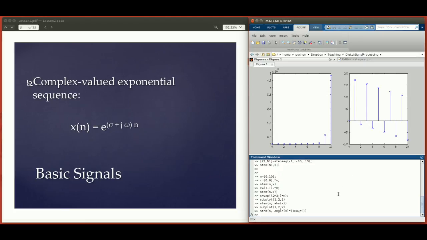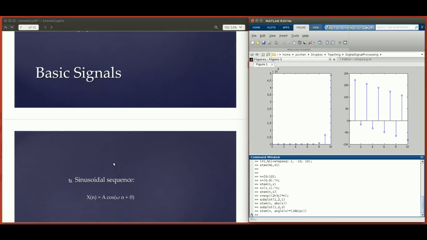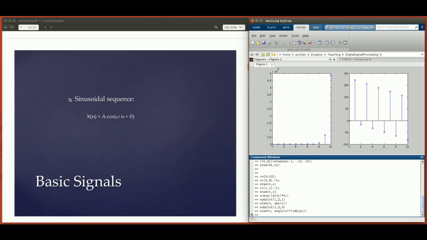So that is how you can do a complex valued exponential sequence, another basic signal. Of course, you can also do sinusoidal sequences, a cosine function with some oscillation frequency, a phase, and an amplitude, and it's just going to keep oscillating.